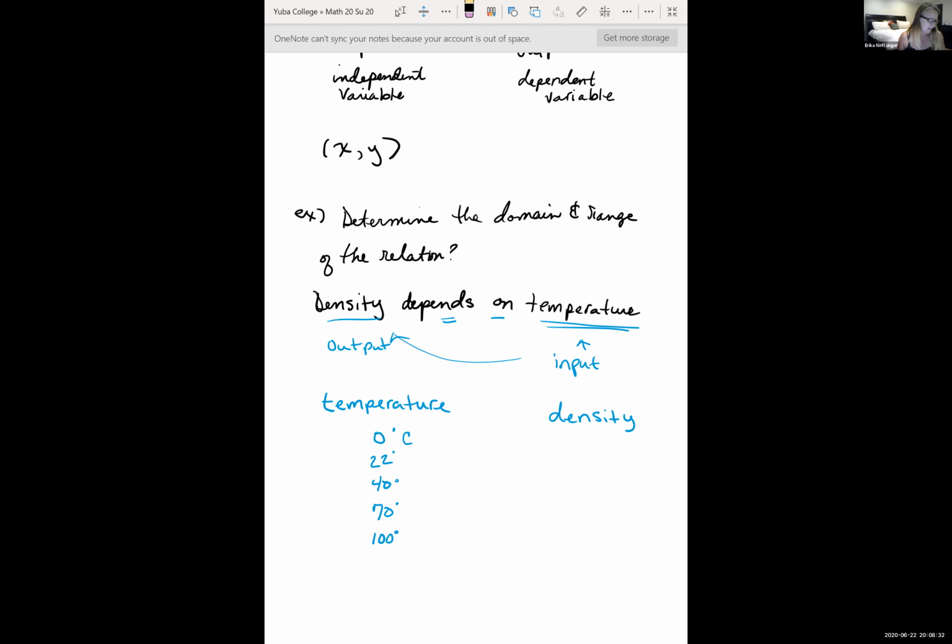And the densities that have occurred are 1.411, 1.305, 1.229, 1.121, and 1.031. And it said respectively, and this is kilograms per meter cubed.